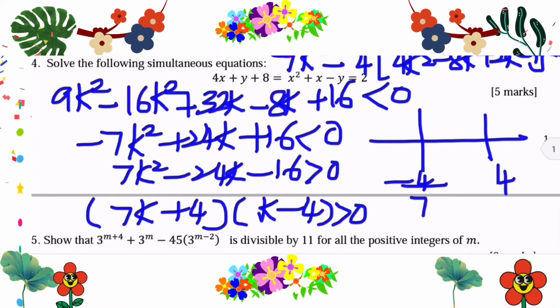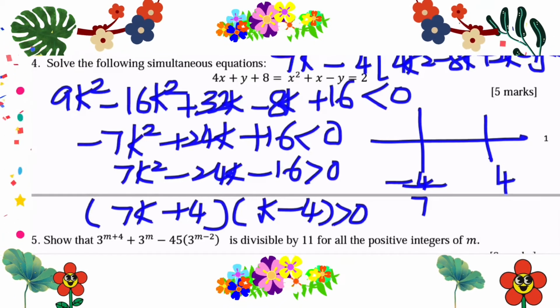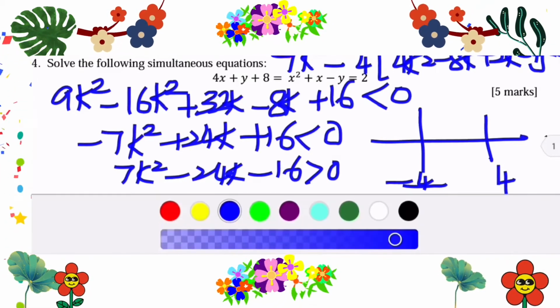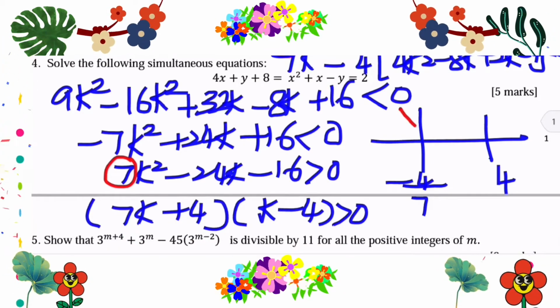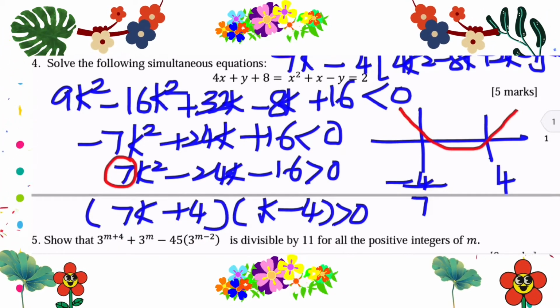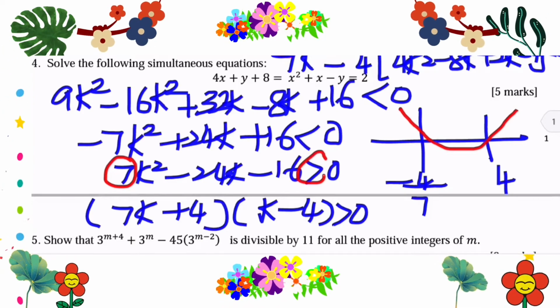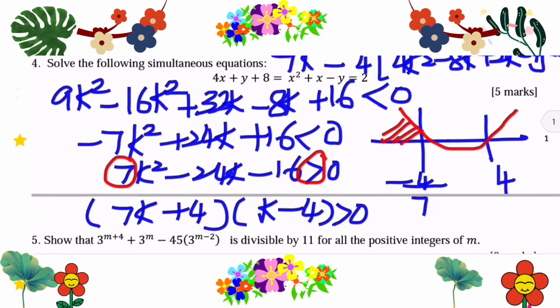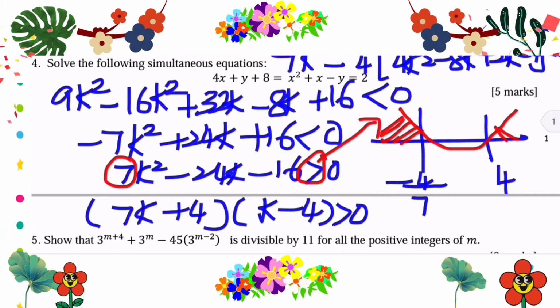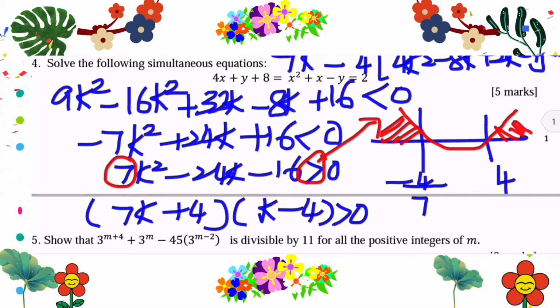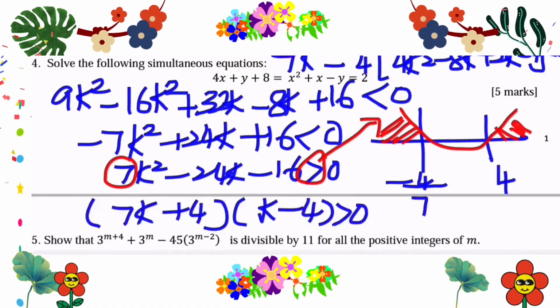Now in order to solve an inequality, it is a must to sketch the graph, or you can use a number line. You cannot just do it without sketching the quadratic function. Many of you write the answer without doing the step like this, sketching the quadratic function. Simple sketching is a must to show, or you can use a number line, right?